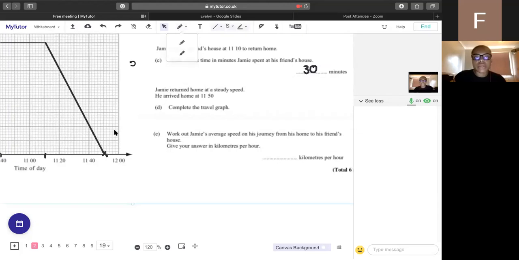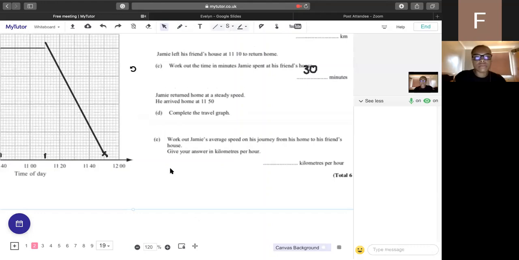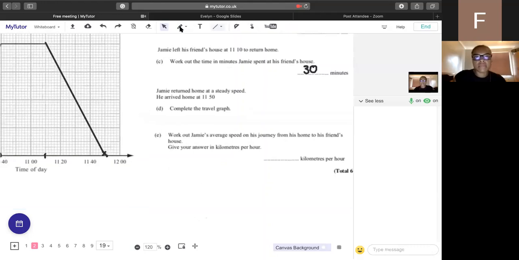So we know that speed equals distance divided by time. So we want to find out the total distance between his home and his friend's home, and then divide it by how long it took him to get there.